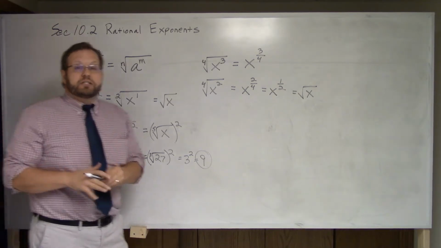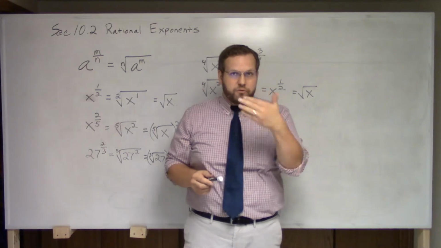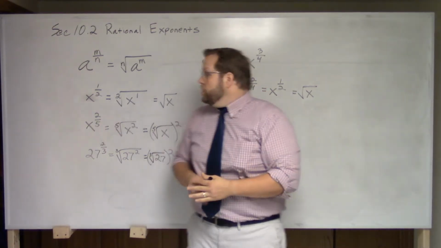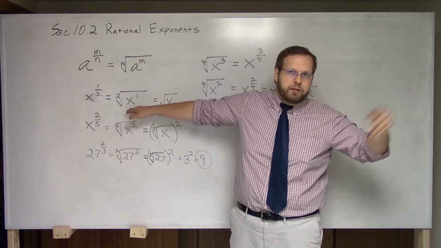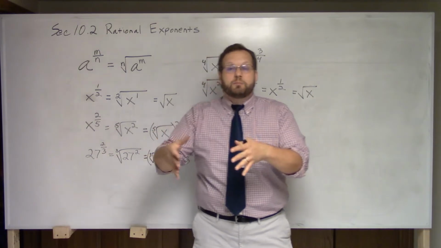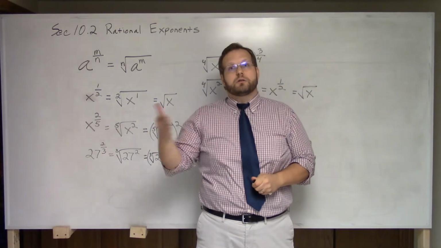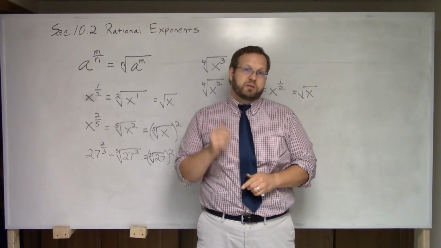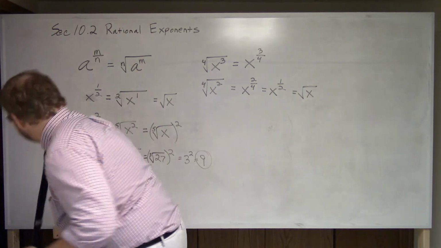In this section, it's very important that you read the instructions, because the problems they throw at you will say, use radical notation to do whatever they want you to do to the problem. Or use rational exponents to carry out the problem. So they'll tell you what notation to look for. You just have to pay attention and be listening for it. Okay? So let's move on to something a little different.